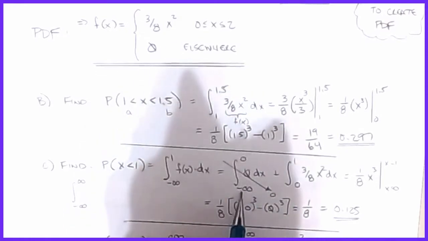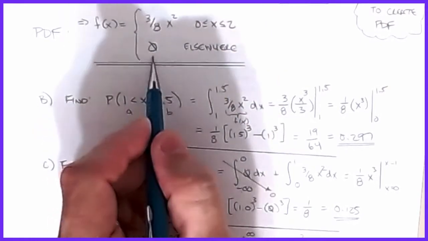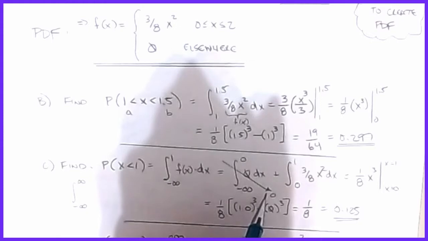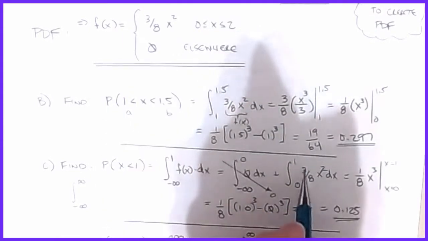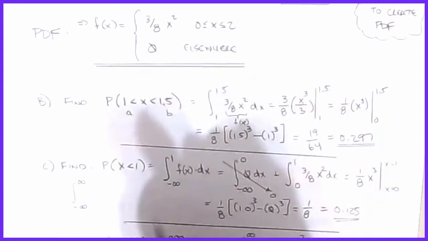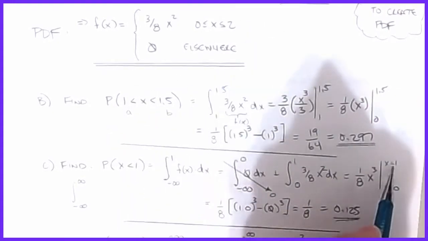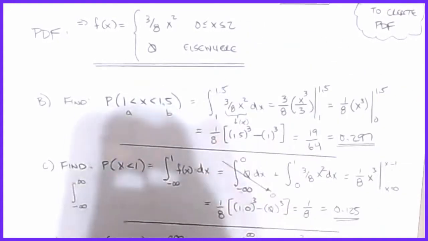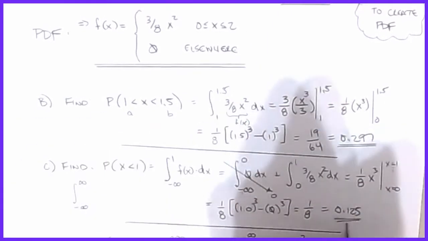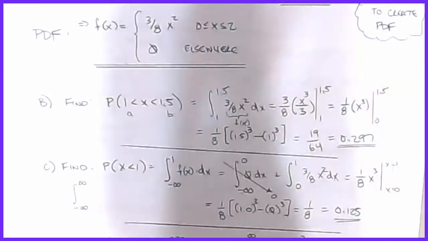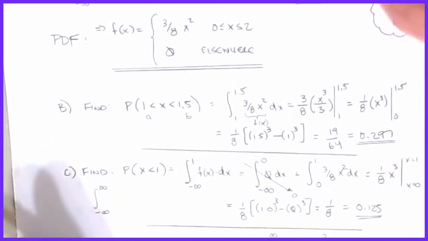Obviously from minus infinity to 0, that falls in the range where f is 0, so that drops out. And then I'm left with from 0 to 1 as being a valid range for my problem of 3/8 x squared dx. And again, I can evaluate the math, watching the limits. When I do that, I get the value of 1/8, or 0.125. So you can do all sorts of calculations that look something like this.